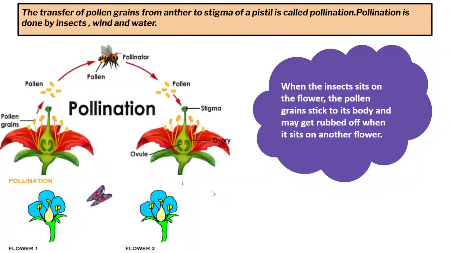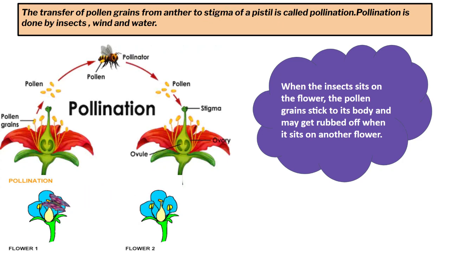Children, you have all studied just now about pollen grains, and you also know about the ovules, or the female sex cells. So, what is pollination, children? This is the transfer of pollen grains from the anther to the stigma of a pistil.